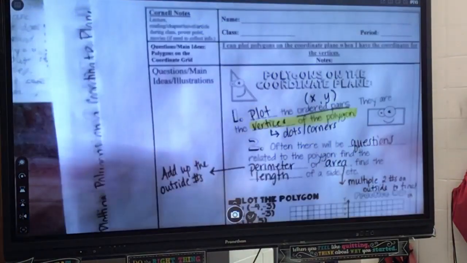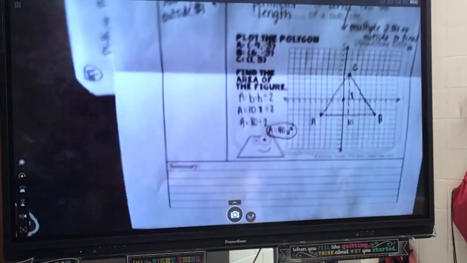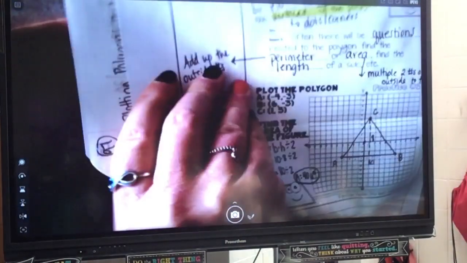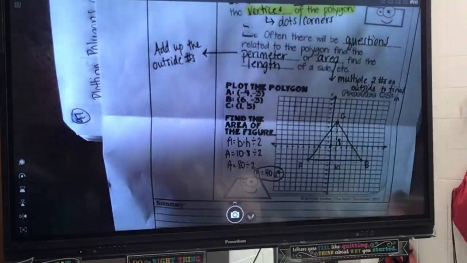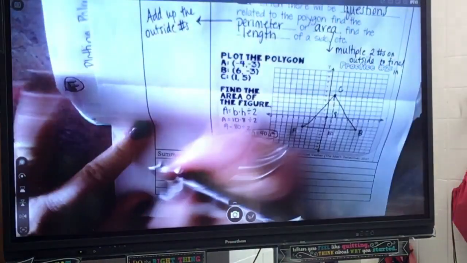Alright, your summary, down here at the bottom. This is your homework for today. So once you're done with your cool down, if you want to, quickly do your summary, so you have no homework for tonight.